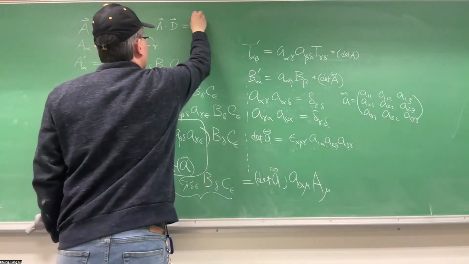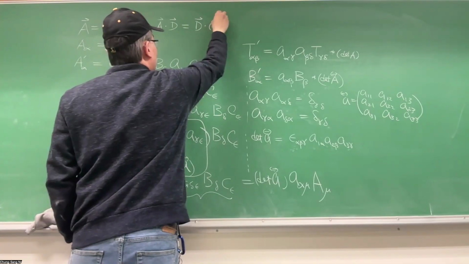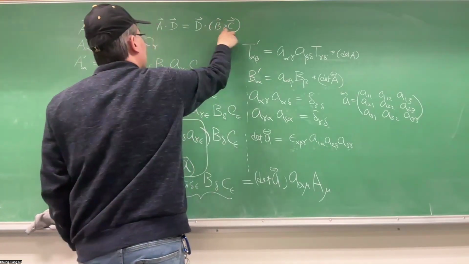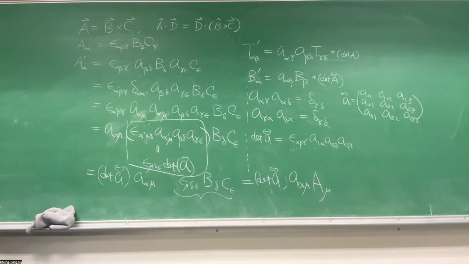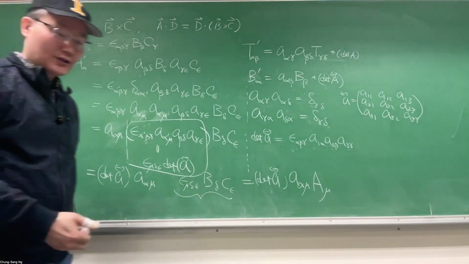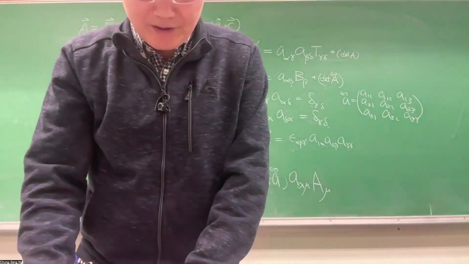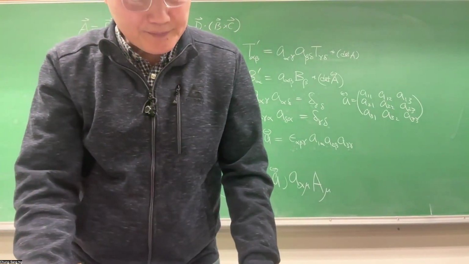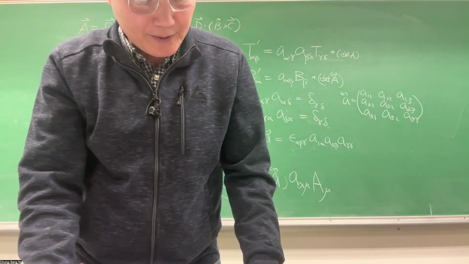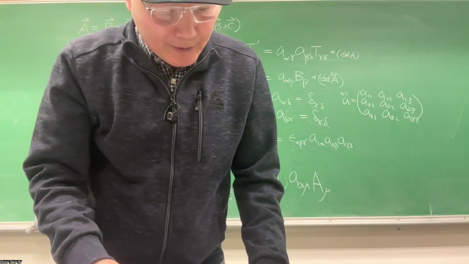This is D dot B cross C. An object like that is a pseudo scalar. We can define pseudo objects in different ranks. Okay, so that is that.